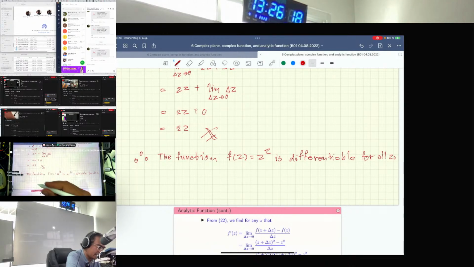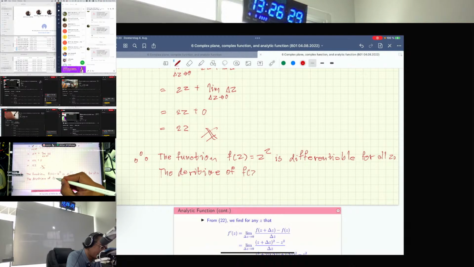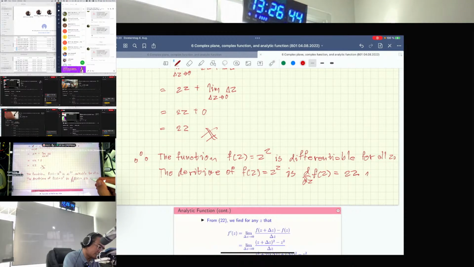Okay, and the derivative of f(z) equal to z square is 2z, d by dz of f(z) is 2z. That's what we get here, 2z.